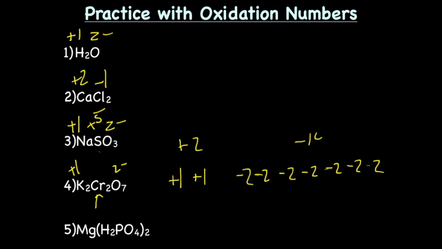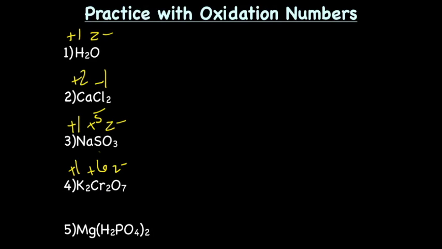We have 14 minuses. Well, to make this neutral, or to make it 0, the chromium altogether needs to be what? Plus 12. However, there are 2 chromiums, so each chromium needs to be plus 6.